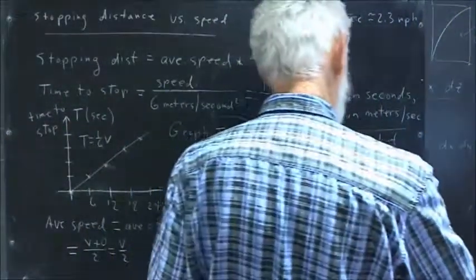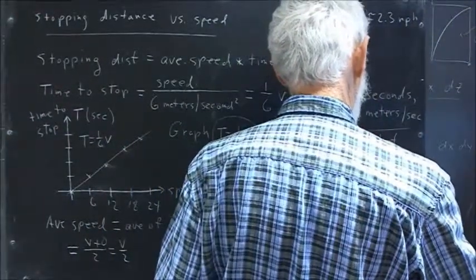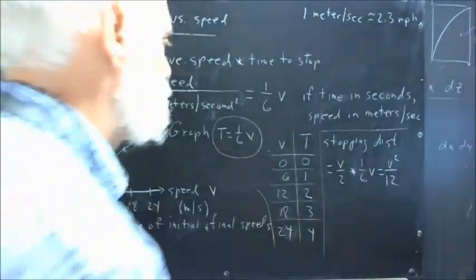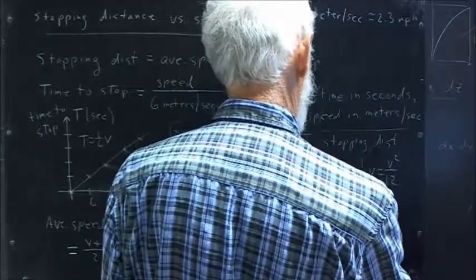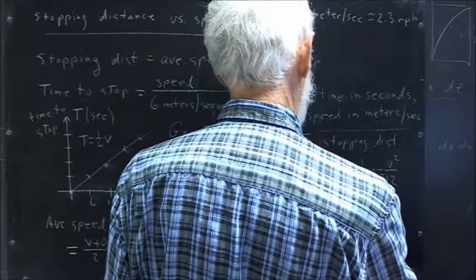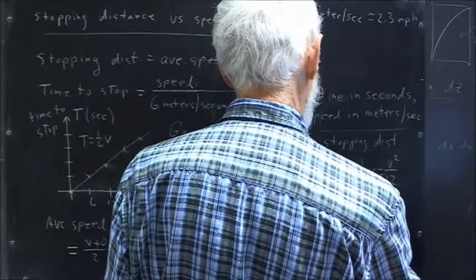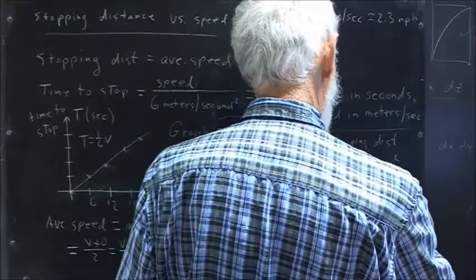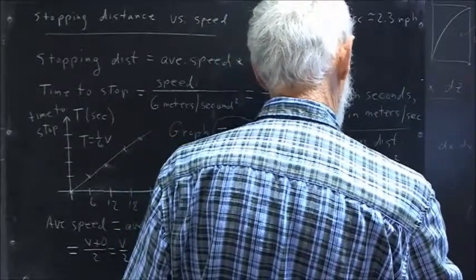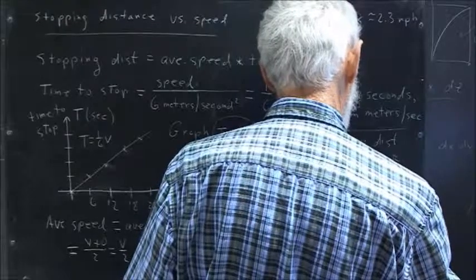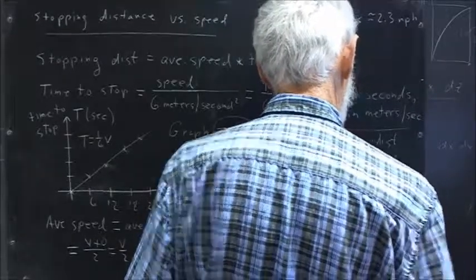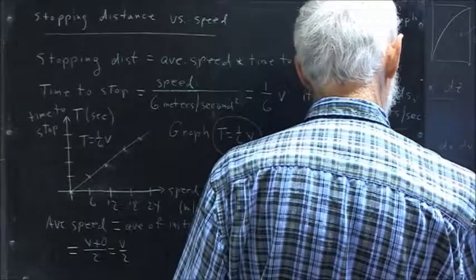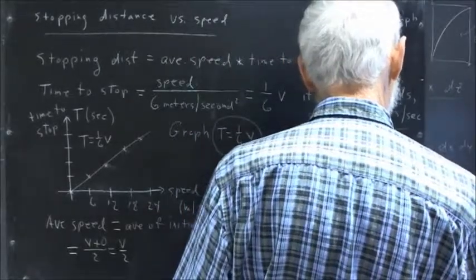And that, of course, equals v squared over 12. So this is average speed, time to stop, and distance before you stop.